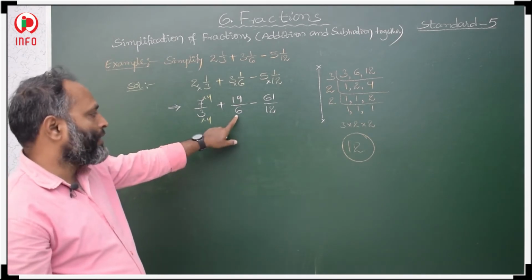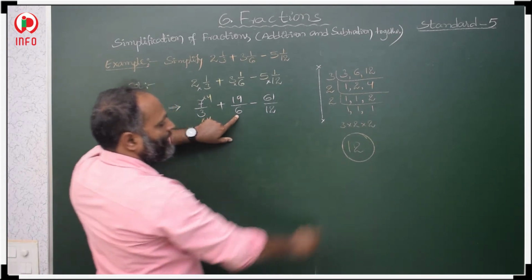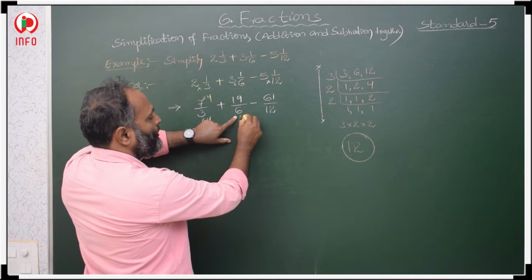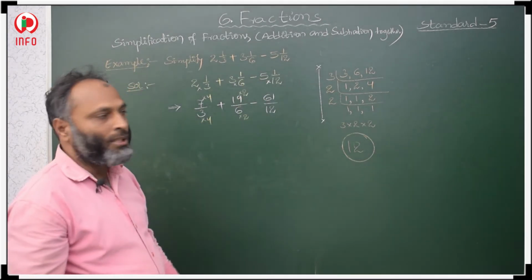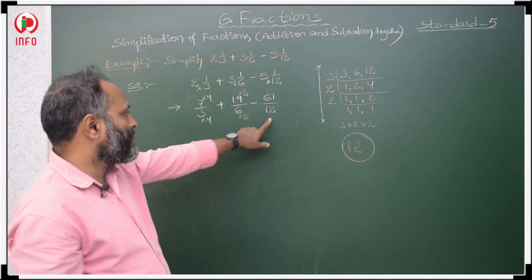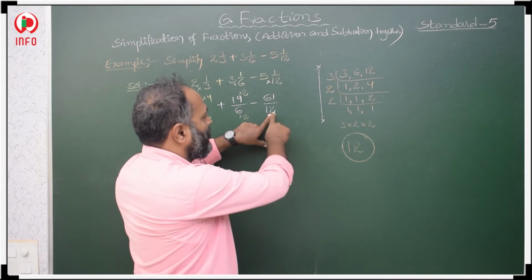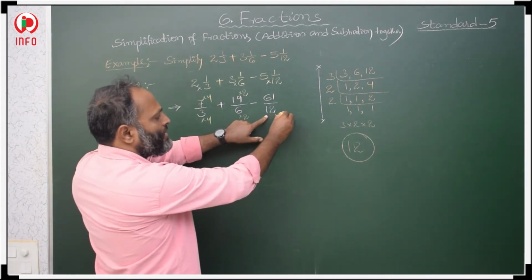After that we take the second fraction's denominator. In the 6 table, when will you get 12? 6 2s are 12, so we multiply numerator and denominator with 2. Then the third fraction. What is the third fraction's denominator? 12. In the 12 table, 12 1s are 12, so we multiply numerator and denominator with 1.